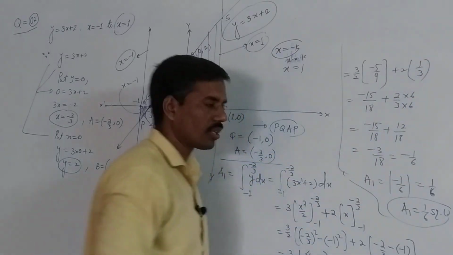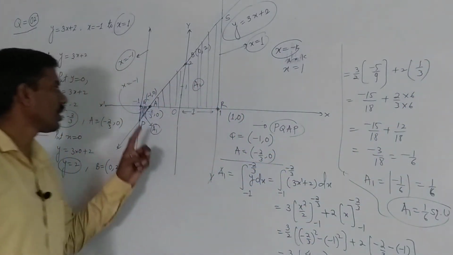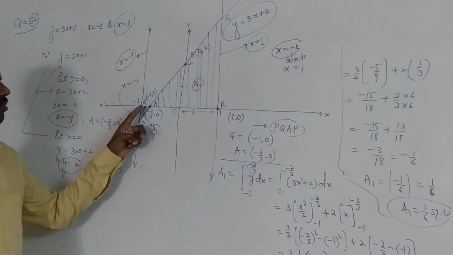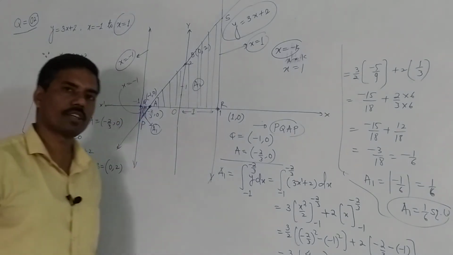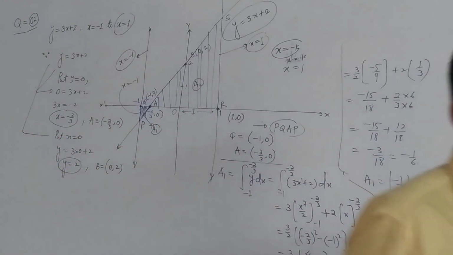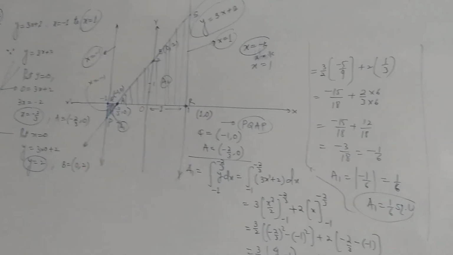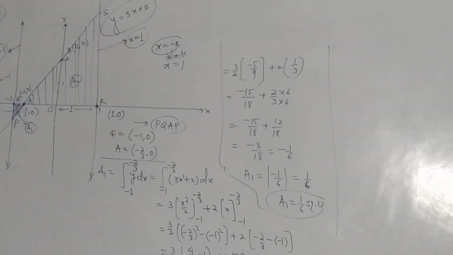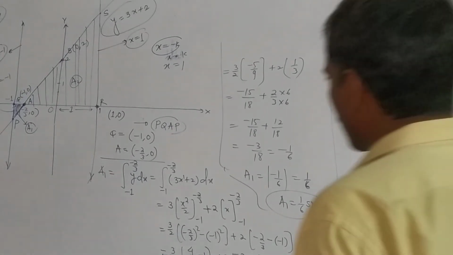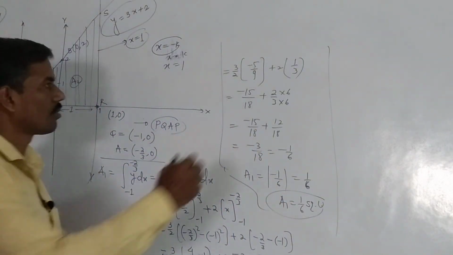So this is your A1, the area from x equal to -1 to -2/3. Let us find A2. Note it.